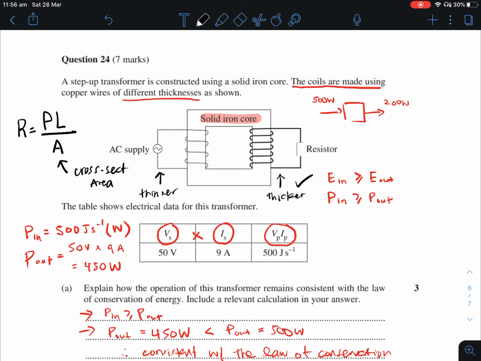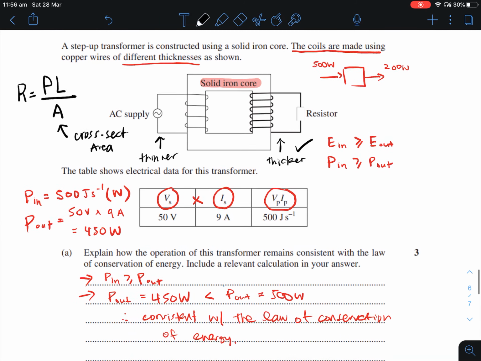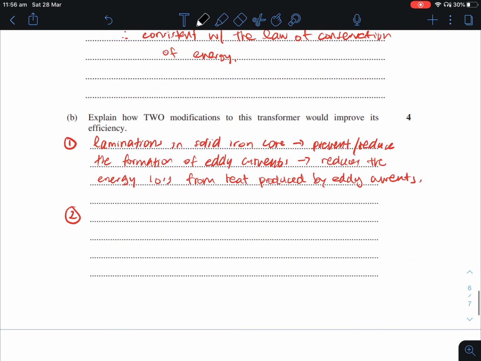Thicker wires have a larger cross-sectional area, don't they? And so really, there's less resistance, okay? So my answer here would be use thicker wires, because this reduces resistance, and therefore it increases efficiency.